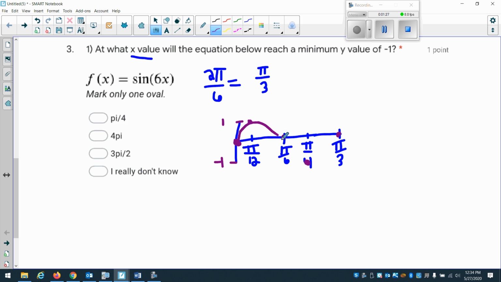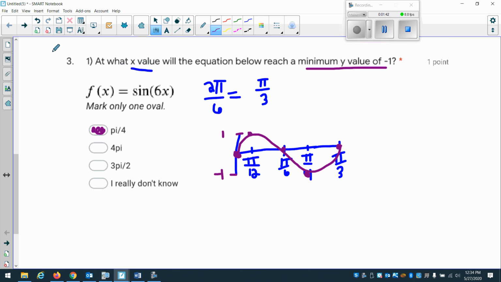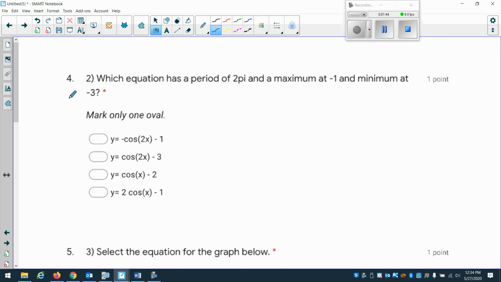And then you connect as a smooth curve. So it says, at what x value will the equation below reach a minimum y value of -1, which is pi over 4.